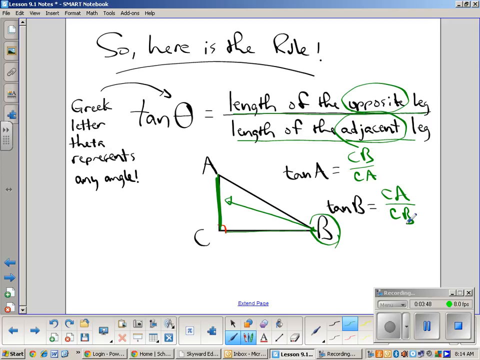What do you notice about the tangent of angle A and the tangent of angle B? They're switched, meaning they're, what's that R word that represents it? Reciprocals of each other, right? They're flipped over, right? They're actually also called the multiplicative inverse.